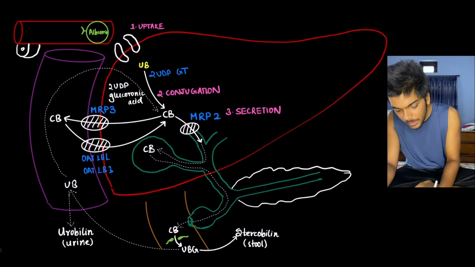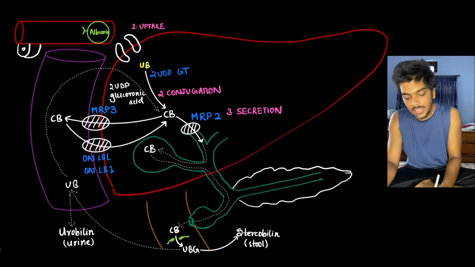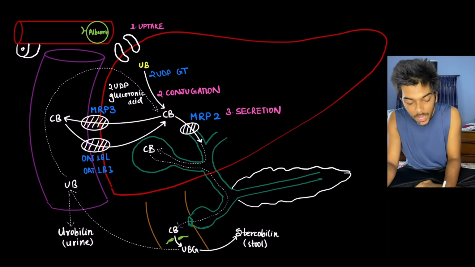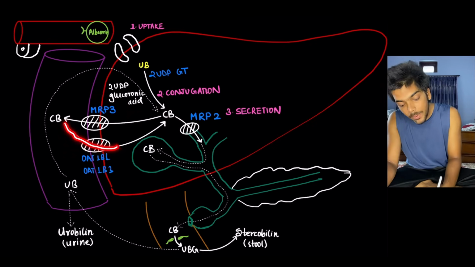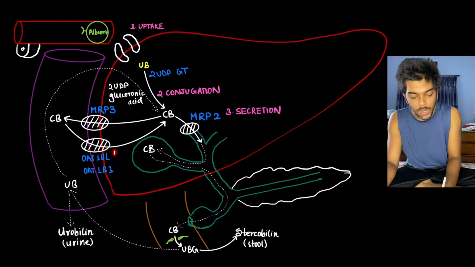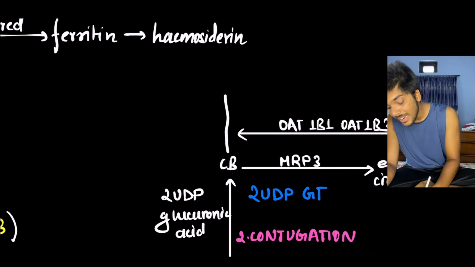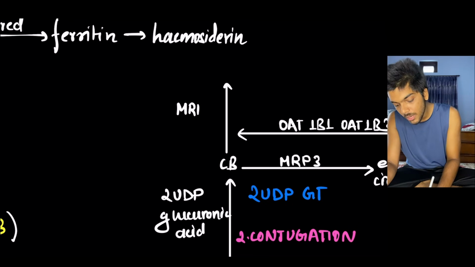So inside the liver, conjugation of the unconjugated bilirubin into conjugated bilirubin takes place. Then this conjugated bilirubin can enter back into the enterohepatic circulation with the help of multi-drug resistant protein 3, but is taken back with the help of OAT1B1, OAT1B3. But then the major fate of conjugated bilirubin is that it enters the biliary circulation with the help of multi-drug resistant protein 2.